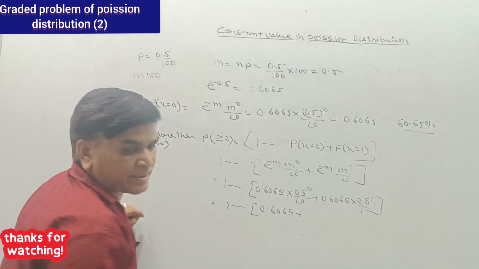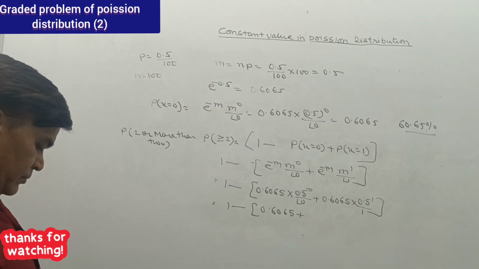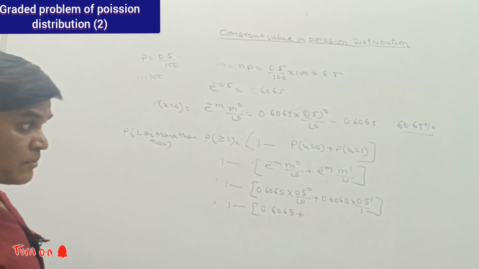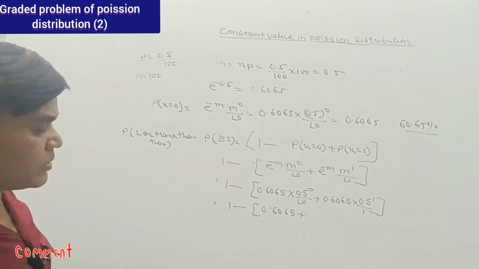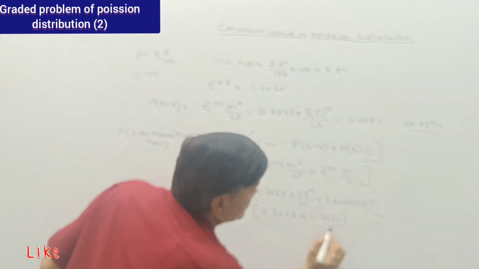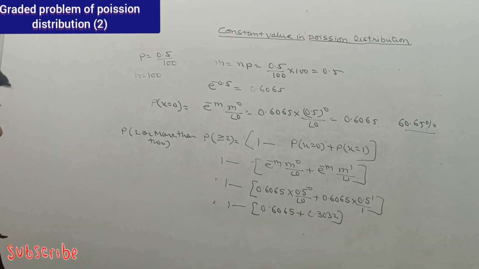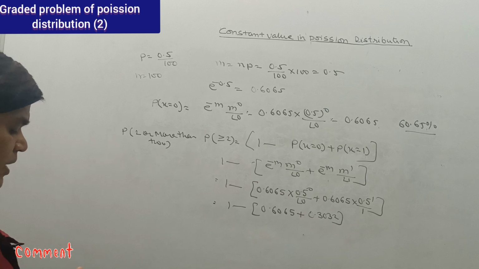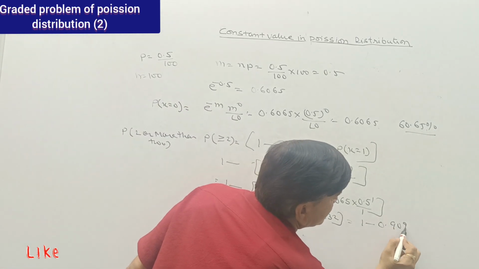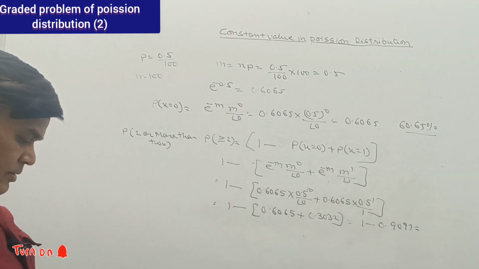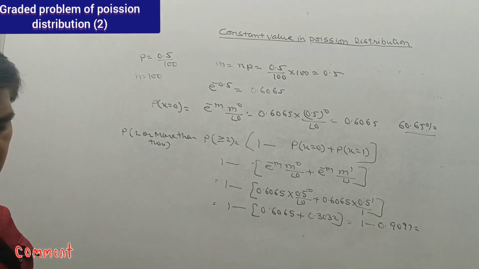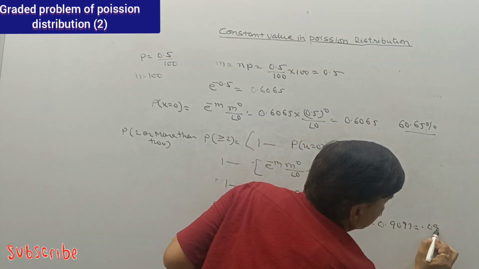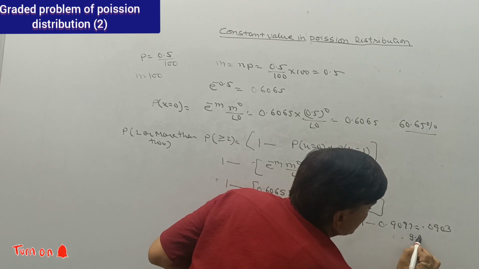0.6065 plus 0.3032. So 0.9097. That is 0.0903, or 9.03%.